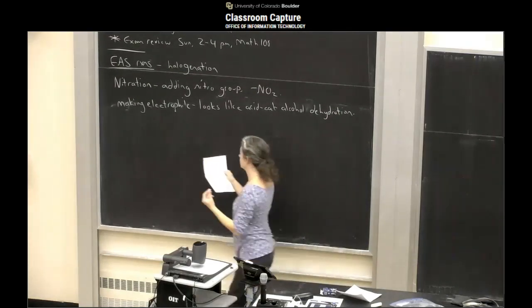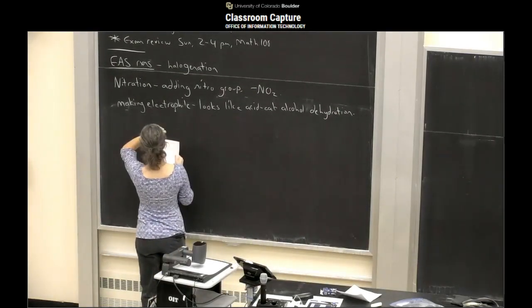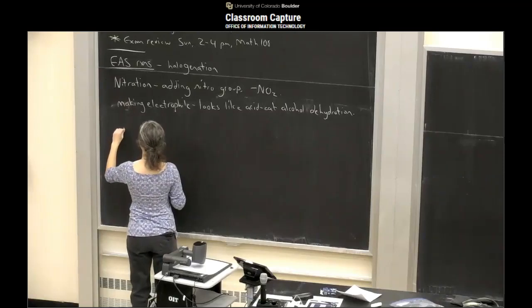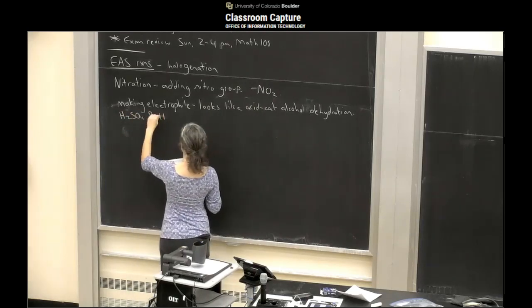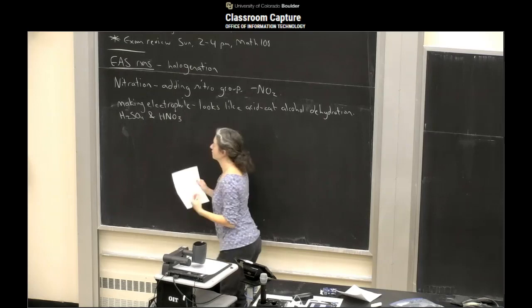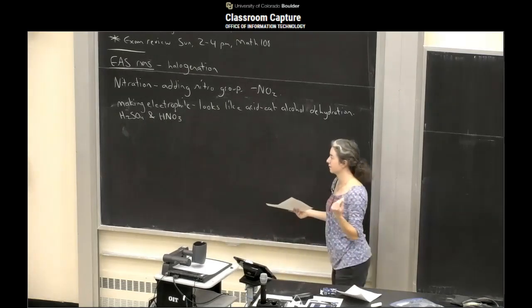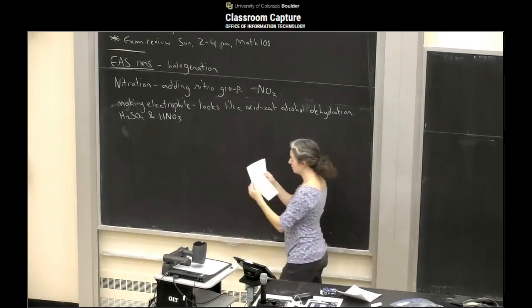What we're going to start with is H2SO4 and HNO3, so sulfuric acid, and then if you remember that second one from Gen Chem, that's nitric acid.